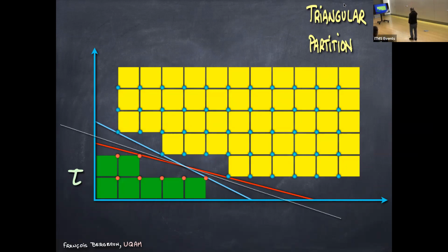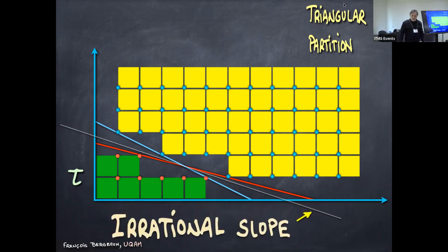And so you have too many choices. So it would be nice to be able to tell the computer, just do this very simple procedure, and you will know that it's a triangular partition. Oh, by the way, it's very interesting to choose irrational slopes for these lines, because many things become easier to describe.